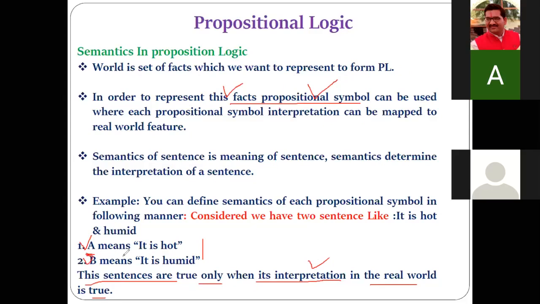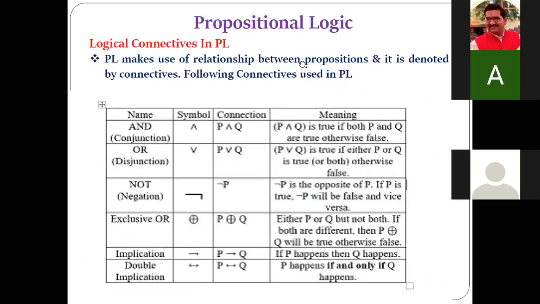For example, here A has the semantic or meaning as it is hot, and this propositional symbol B has the semantic or meaning as it is humid. Understood? And this meaning can be true only when its interpretation, or this fact, is true in the real world. Okay, so this is the point of semantics in the case of propositional logic.